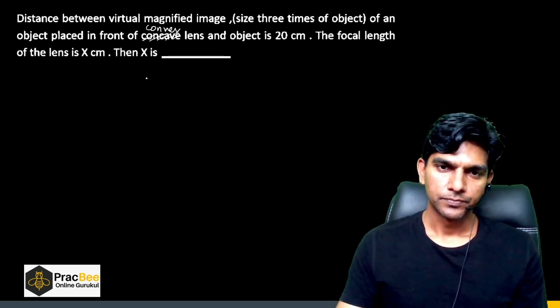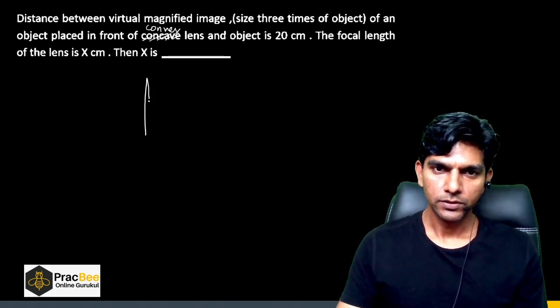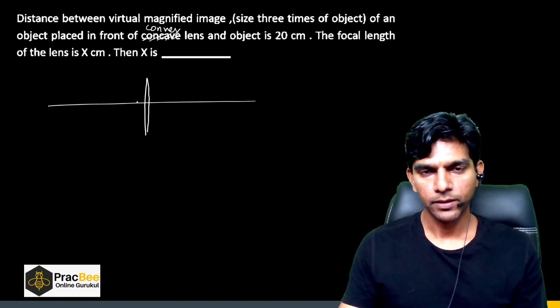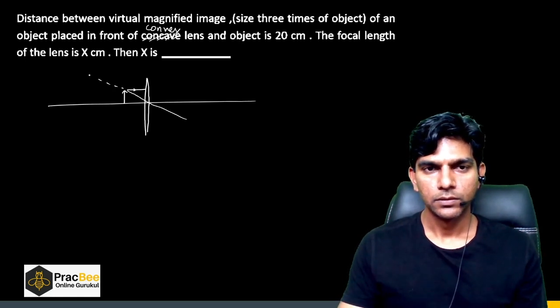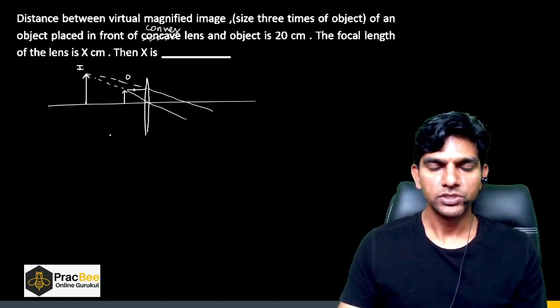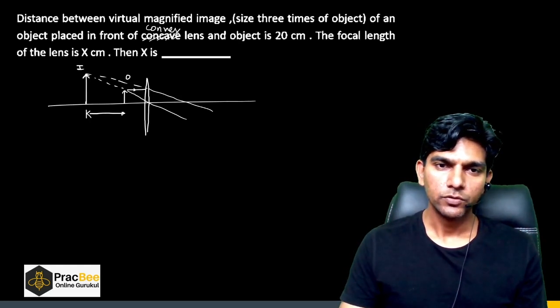Okay, let us see. So we have a convex lens and there is an object, and let us say this is the image and this is the object, and this distance is given to us as 20 centimeter.